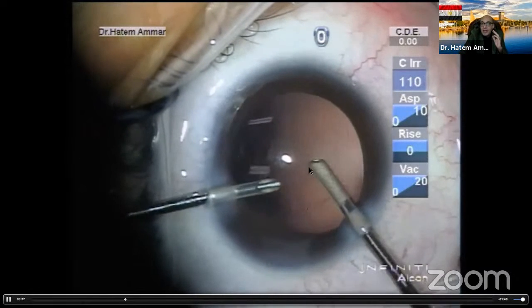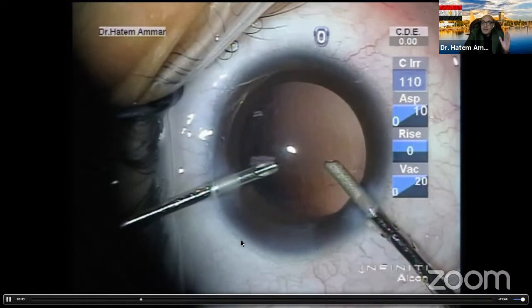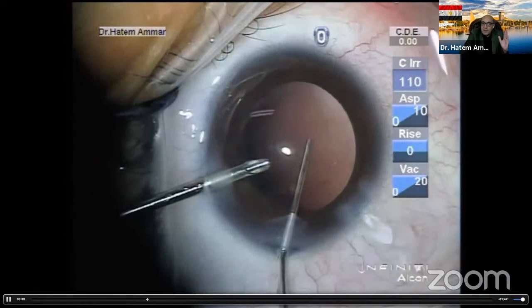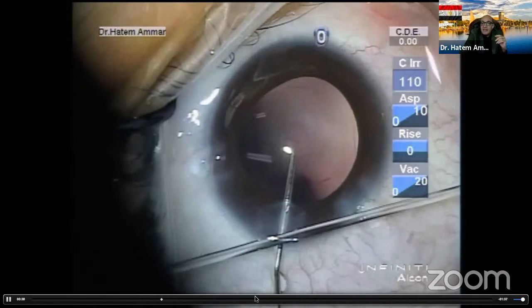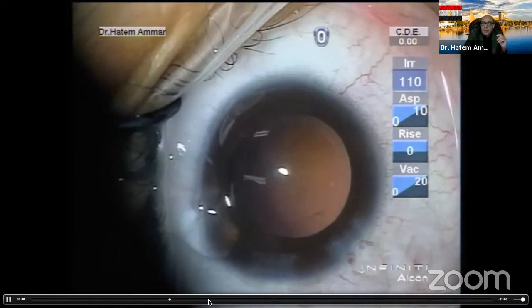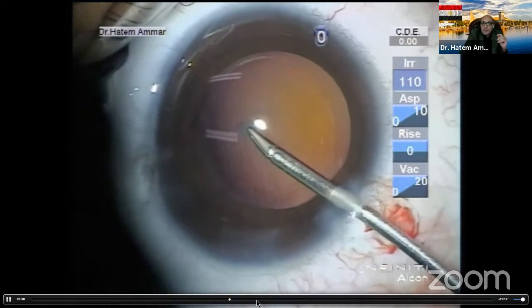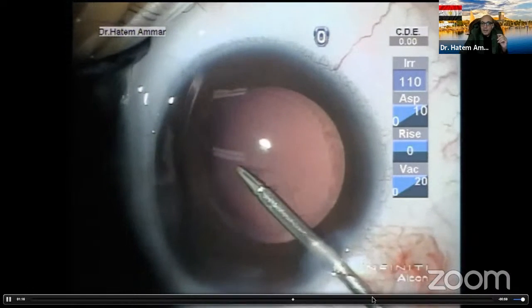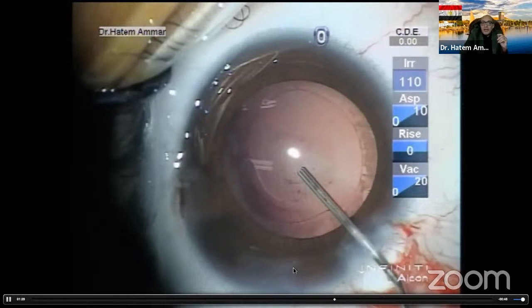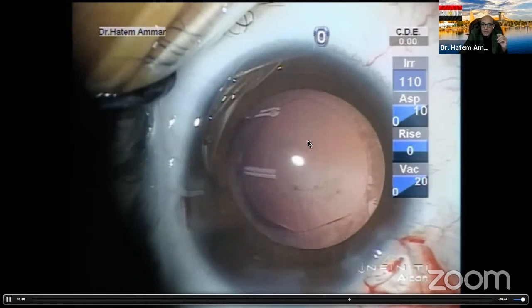Now, as you see, there is a rupture of the posterior capsule in this area. The same rules: don't run away, use dispersive OVD, and now my aim is to convert this tear into a posterior capsulorhexis. As you will see here, I will convert it into a posterior capsulorhexis, taking time, so you can inject OVD, and here, this is a rounded posterior capsulorhexis.